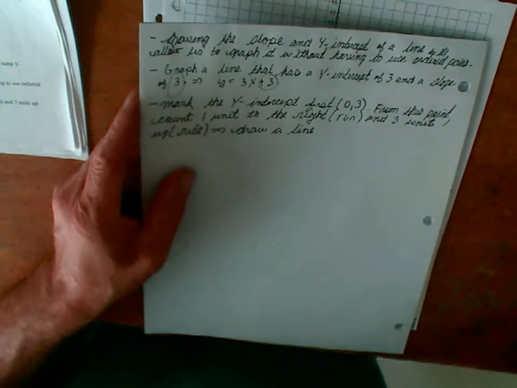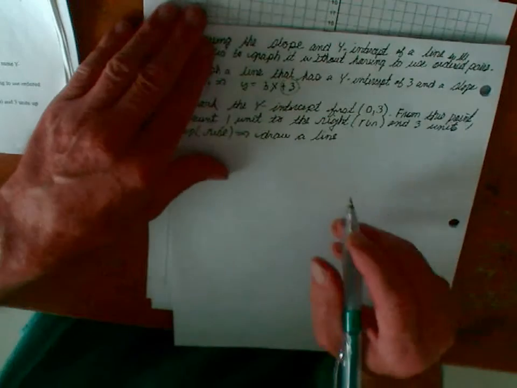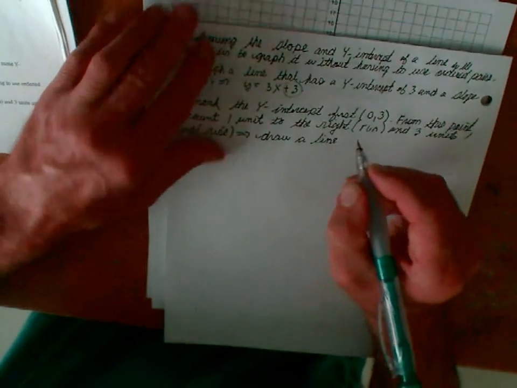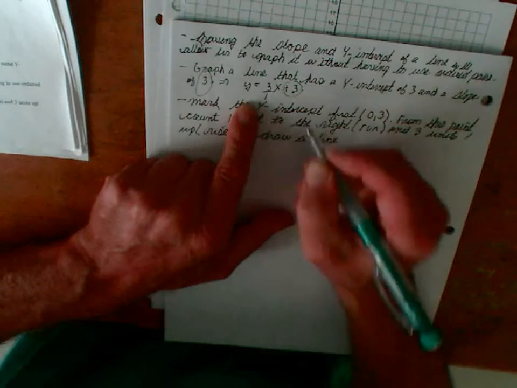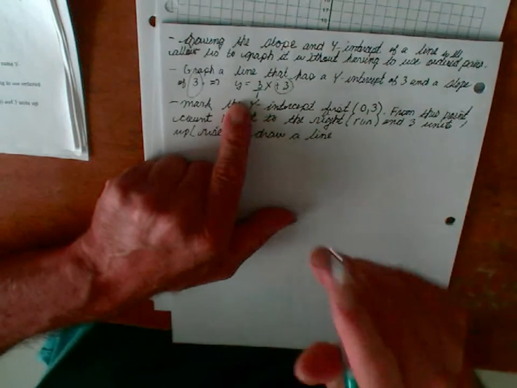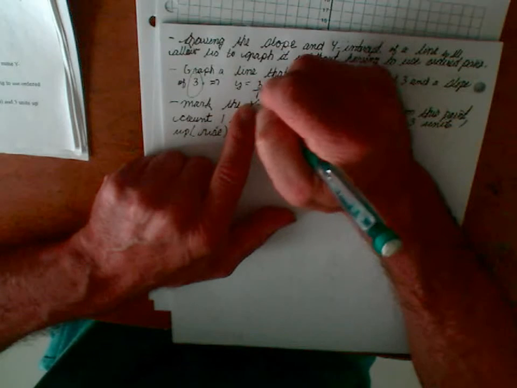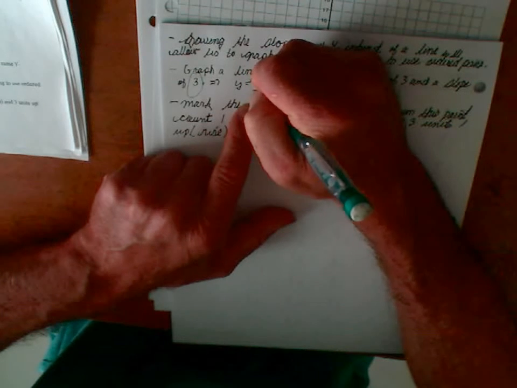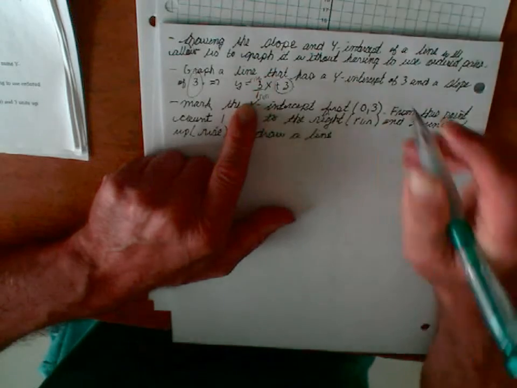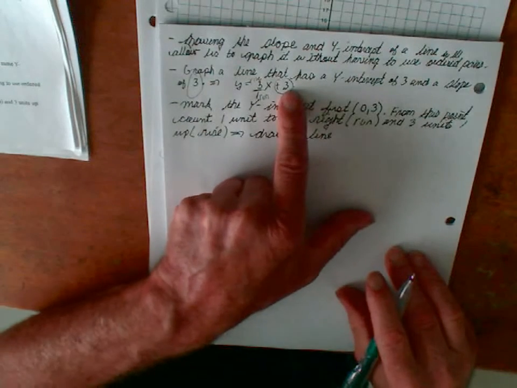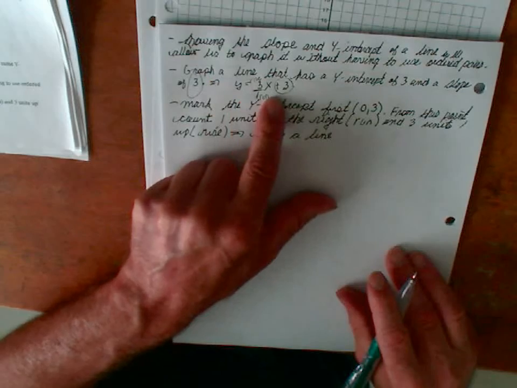Let me try to make this as clear as I can. Our slope is 3, which is actually 3 over 1. And we know slope is defined as rise over run. So from the y-intercept, we're going to run 1 and rise 3.